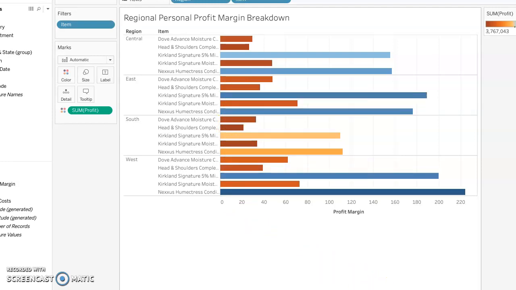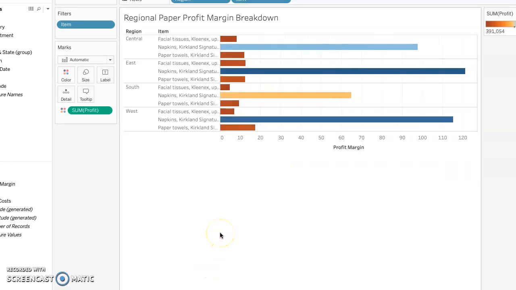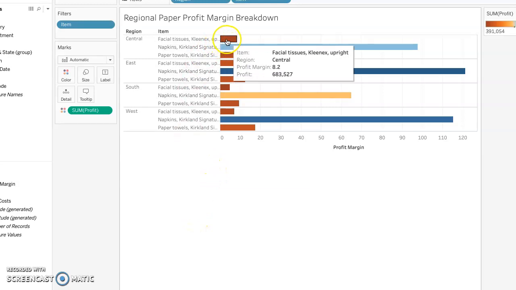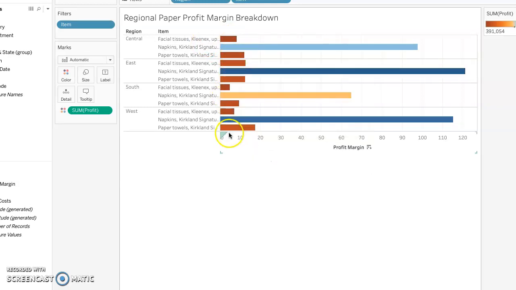Going into our final department, which is the paper department, this is when I really started to see some interesting trends. So, you know how I mentioned earlier the paper department was not doing as well as the others. When I broke it down into the individual products, I could really see how poorly some of these were performing.